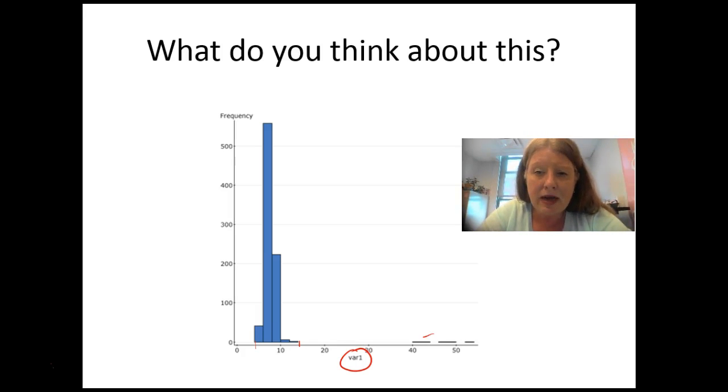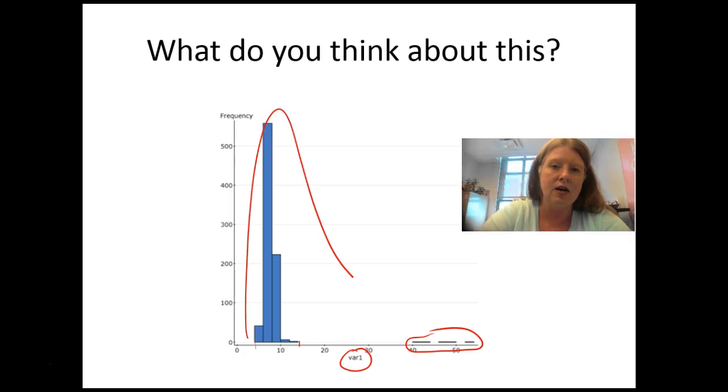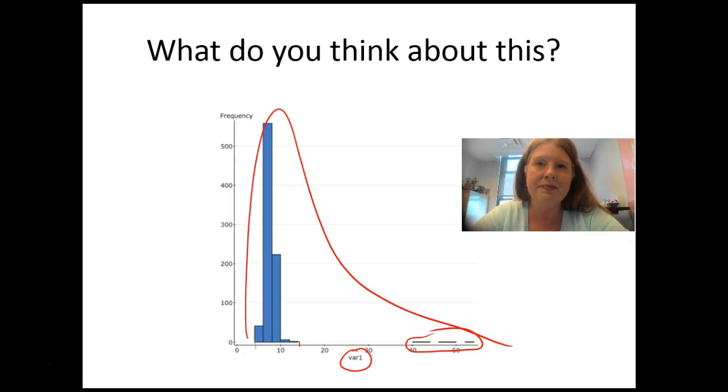But then we do have some values way out here. So this is a quantitative variable. We asked students a question, and these are the responses we got, and we graphed this information. Clearly there's this strong skewness to the right. What do you think is being displayed here? So again, maybe pause a little bit, take some time to think about it.